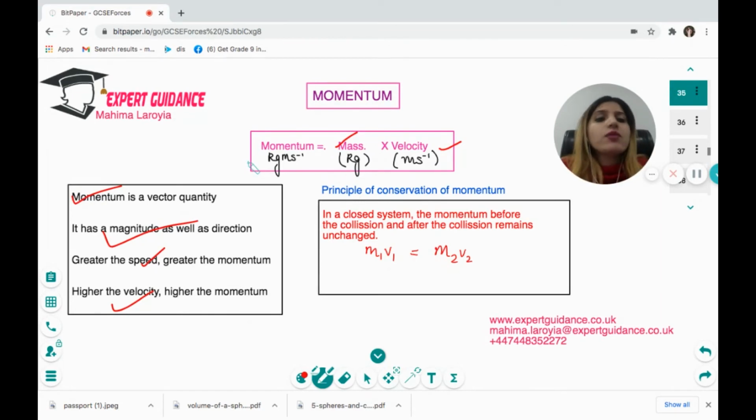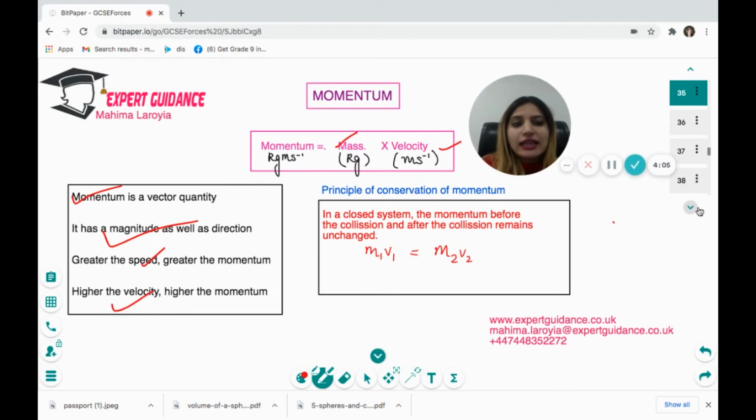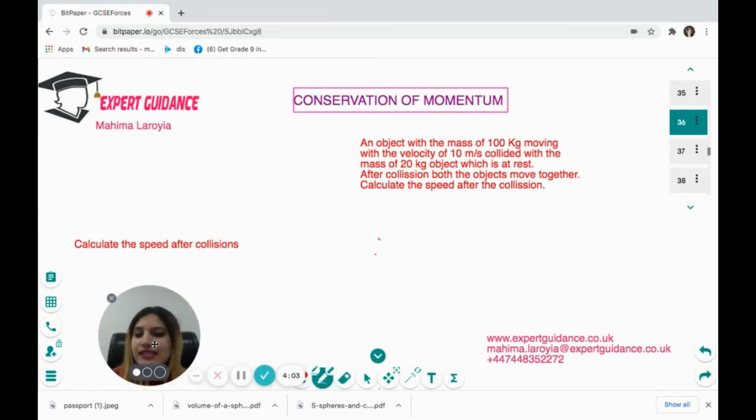And there's a very important concept of conservation of momentum. What is conservation of momentum? It states that in a closed system, the momentum before the collision and after the collision remains unchanged. So m1v1 is equal to m2v2. Now, let's see how we can use that with an example.